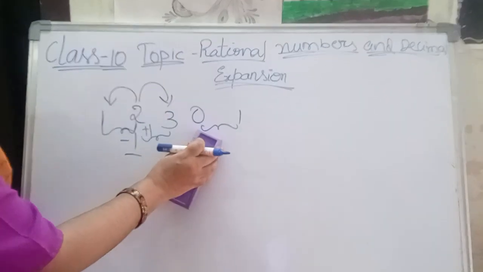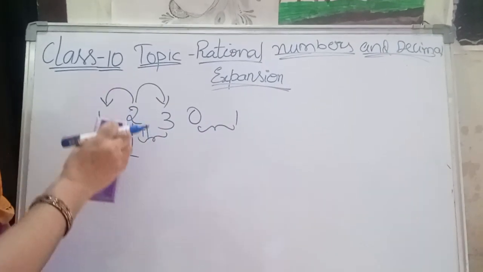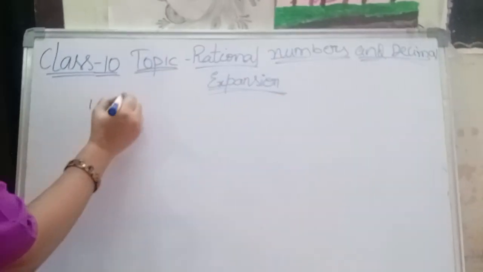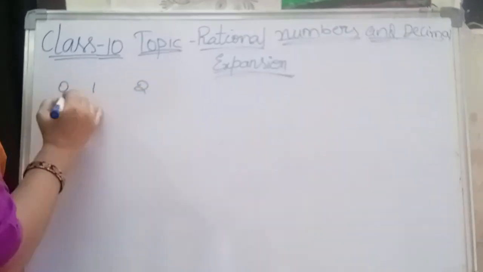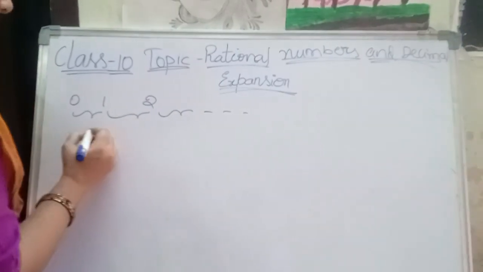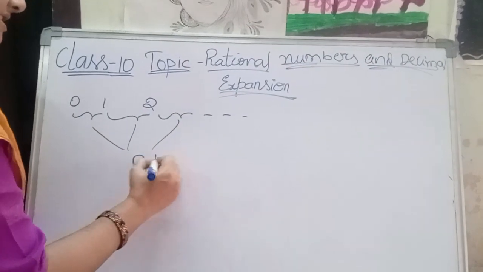But can you easily say the numbers between 0 and 1, 1 and 2, 2 and 3? No, you can't. But the numbers between 0 and 1, 1 and 2, 2 and 3 and so on, we call all of these rational numbers.